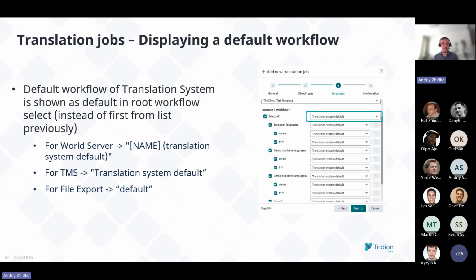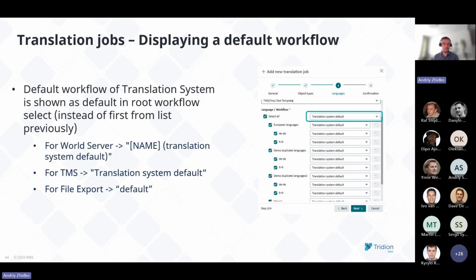Now we did improve the business logic on the translation organizer side, and we do specify and return the default workflow per template, in case it is defined by the translation management system.